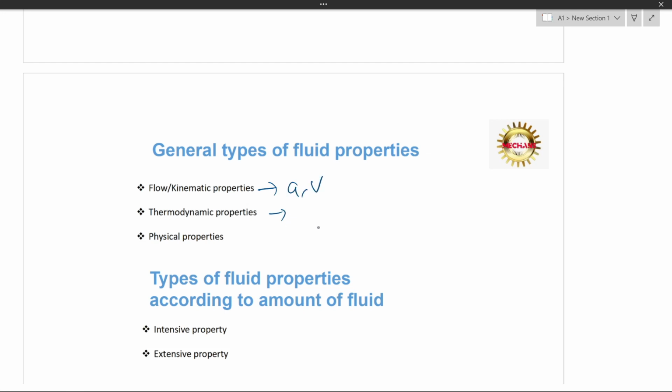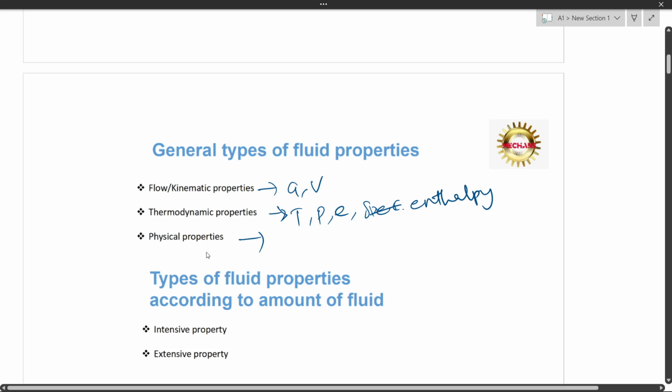Thermodynamic properties majorly include heat and how things change with heat, like temperature, pressure, density and enthalpy. Physical properties means how a fluid looks and how it smells. Those things come under physical properties.